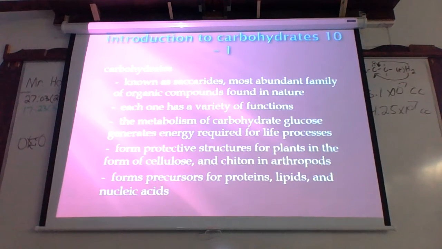If we're only talking about one at a time, then it would be a monosaccharide. Or if we're talking about, for instance, glucose and sucrose bonded together makes the disaccharide fructose. And then if we're talking about starch or cellulose, those then are repeating units of glucose molecules known as polysaccharides.